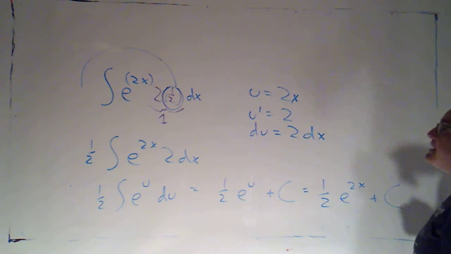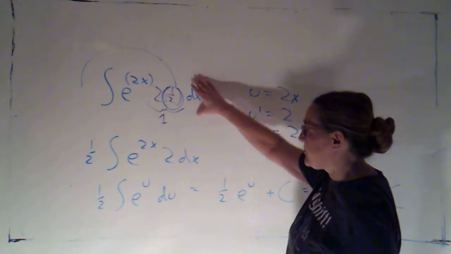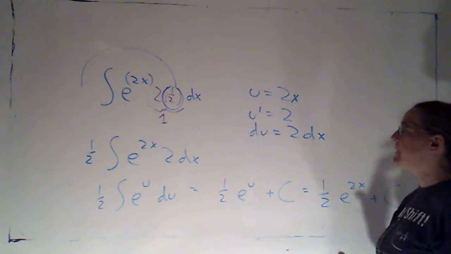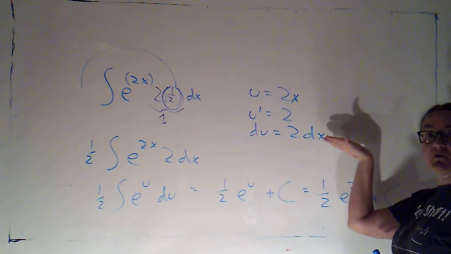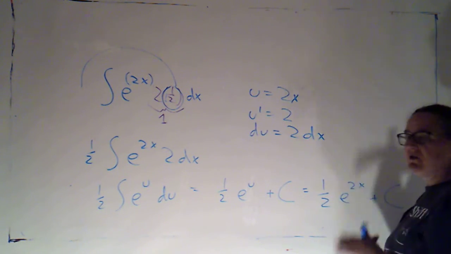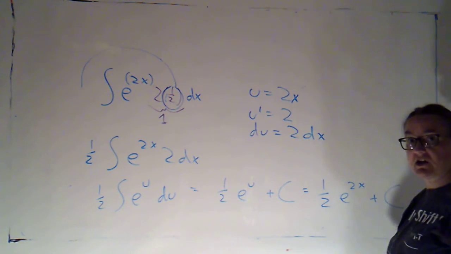Now, eventually in your calculus career, you're going to probably get to the point where you can look at that and do this u substitution in your head without having to write out all of the u substitution. I would recommend that as this is new, you actually take the time to write out your u substitution each time.